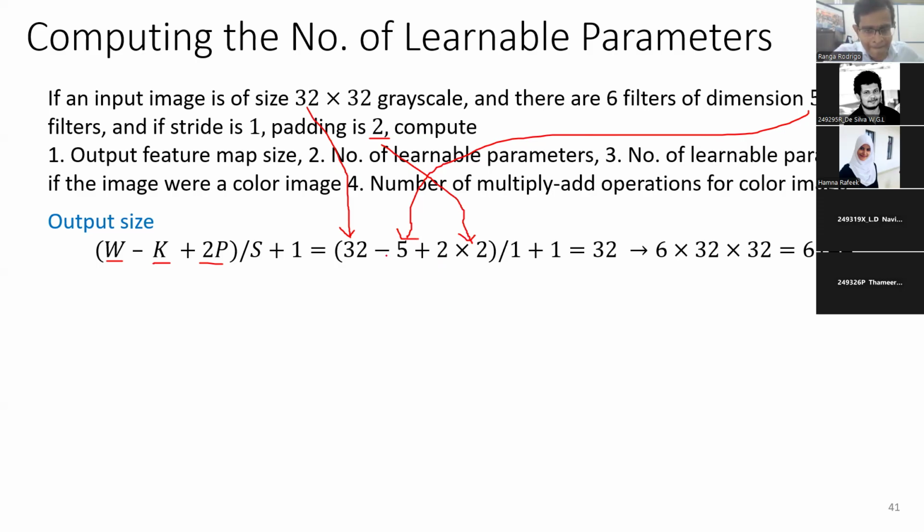So 32 minus 5 plus 4, that means 31, divided by 1 plus 1 is 32 by 32. And there are 6 such filters. Output size will be 6 times 32 by 32, 6,144.